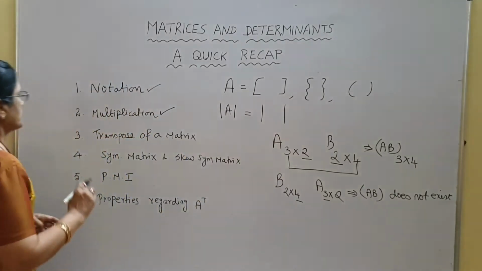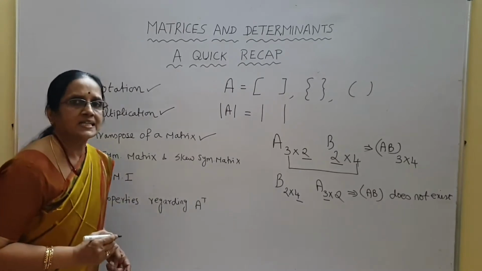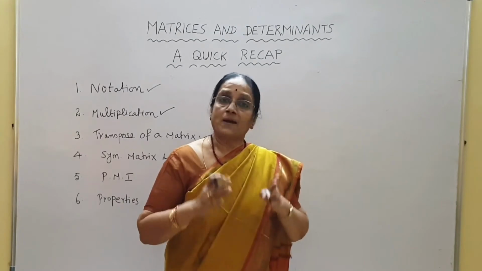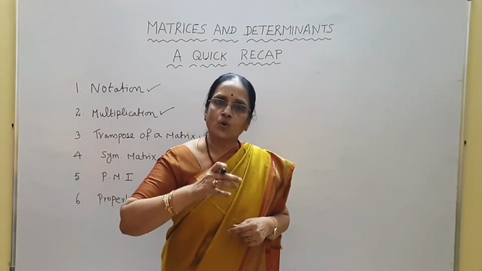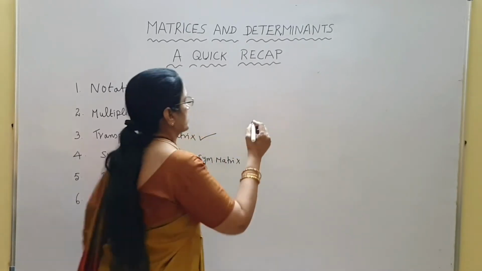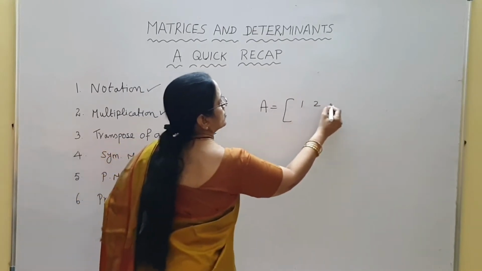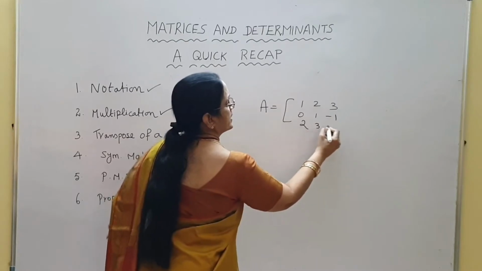Now, coming to the third point, transpose of a matrix. Transpose of a matrix is nothing but a matrix obtained by interchanging the rows and columns of the given matrix. Suppose you are given the matrix A: 1, 2, 3, 0, 1, minus 1, 2, 3, minus 2.